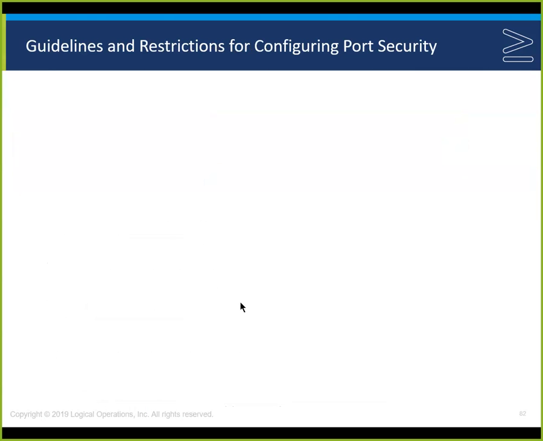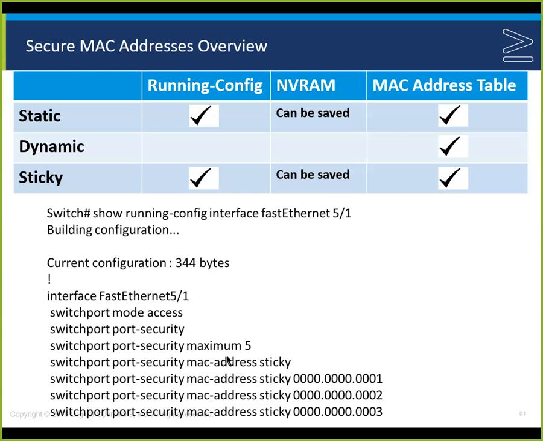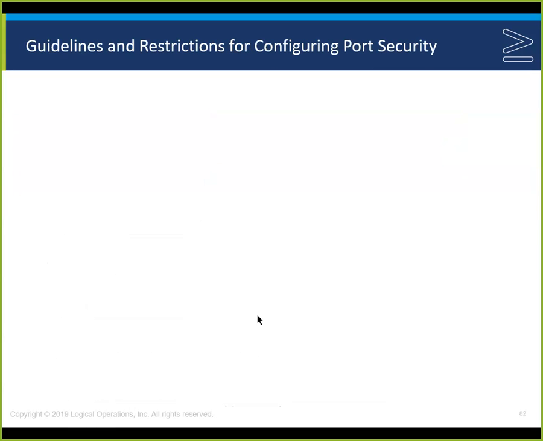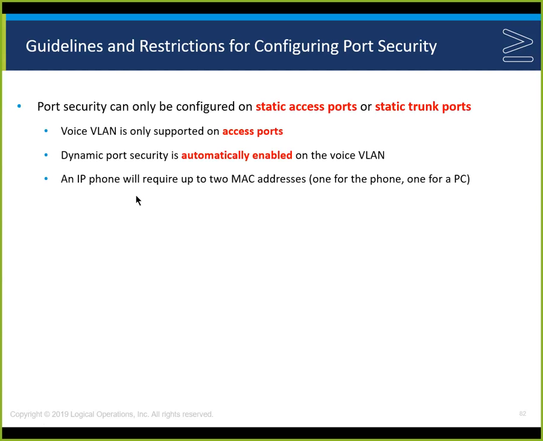And this is just the steps that we did, the commands that we used in order to configure port security. Guidelines and restrictions: there are some restrictions that go on with this. It can only be configured on static access ports. That's why I tried to configure it on a dynamic port or static trunk ports.